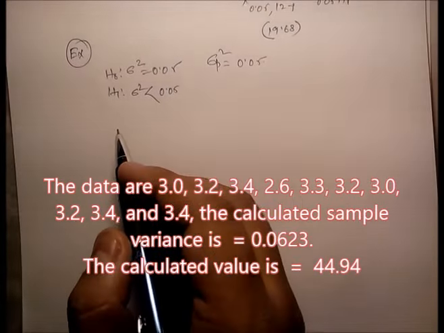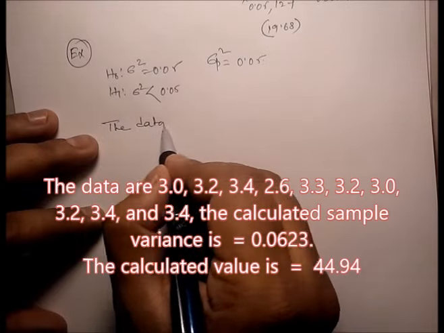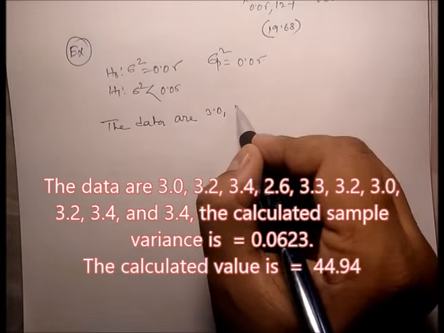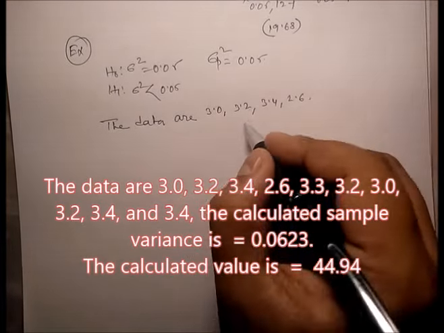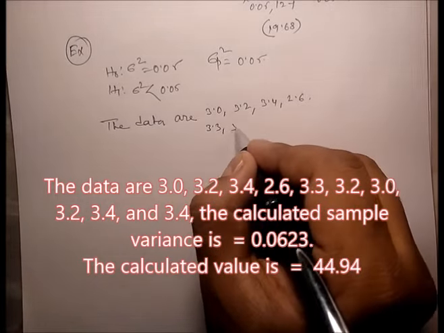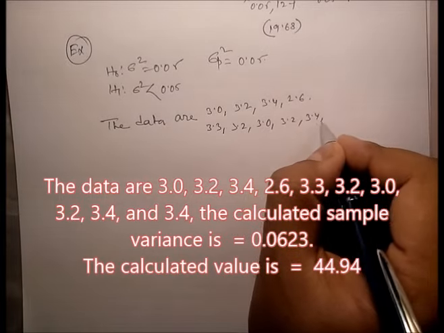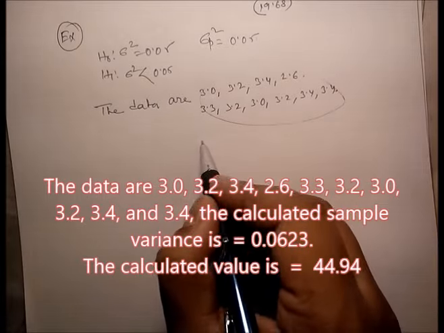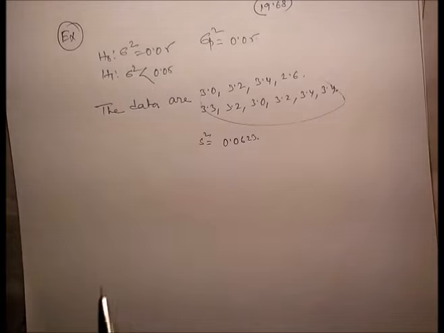Okay, so the data are given: 3.0, 3.2, 3.4, 2.6, 3.3, 3.2, 3.0, 3.2, 3.4 and 3.4. You have to calculate the variance, and its value is 0.0623.